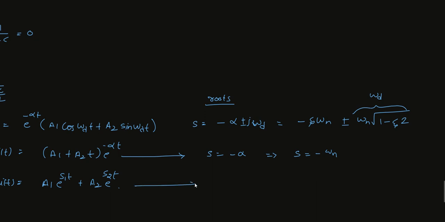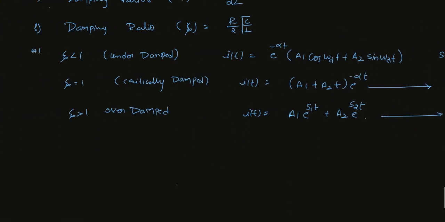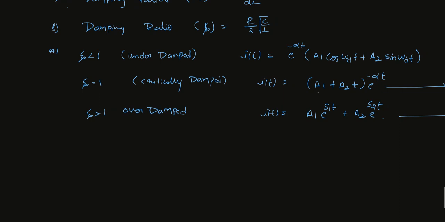And for the overdamped system, s is equal to minus alpha, that is directly you can write minus zeta omega n plus or minus omega n into root over zeta square minus 1. Why? Because here zeta is greater than 1. That's it. And the thing is how to find out these constants. We have the a1, a2 in every equation.